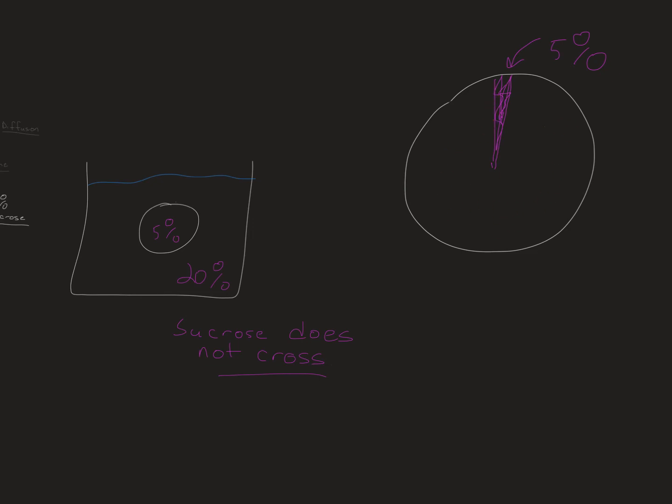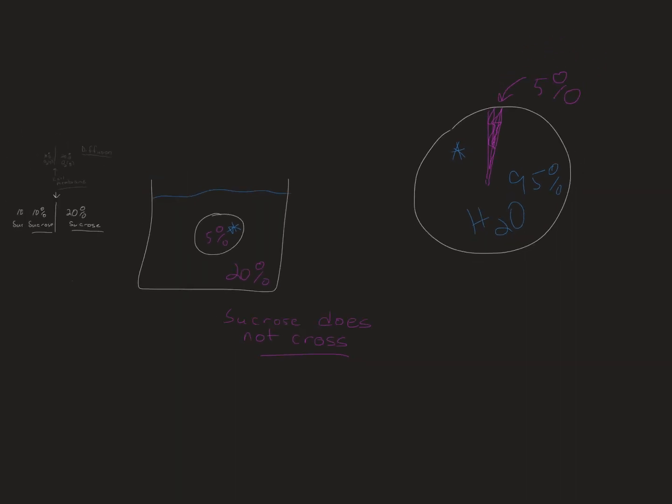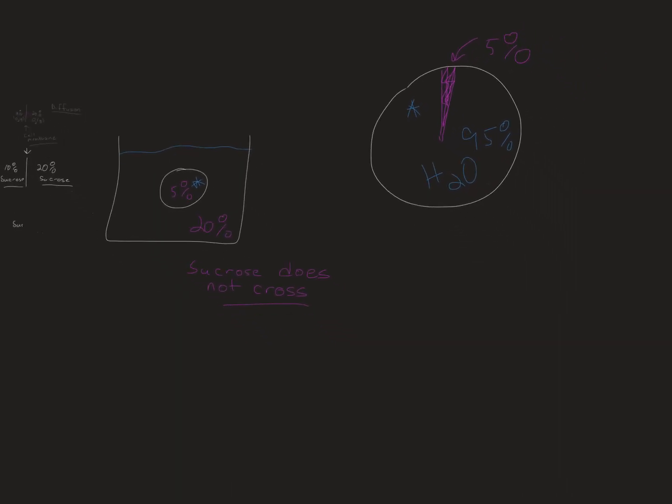Water. That's right. Again, what is the solvent of life? Water. So H2O is 95% in here, right? And 95% water is 5% solute. Does everybody see that?